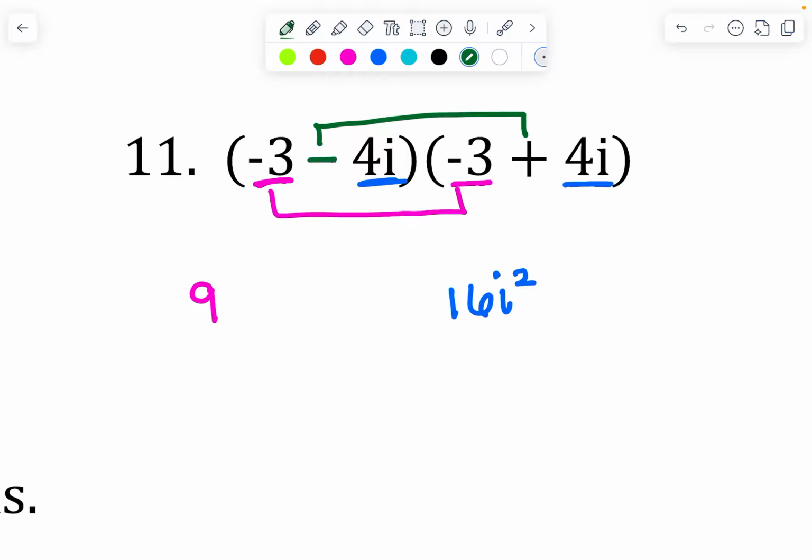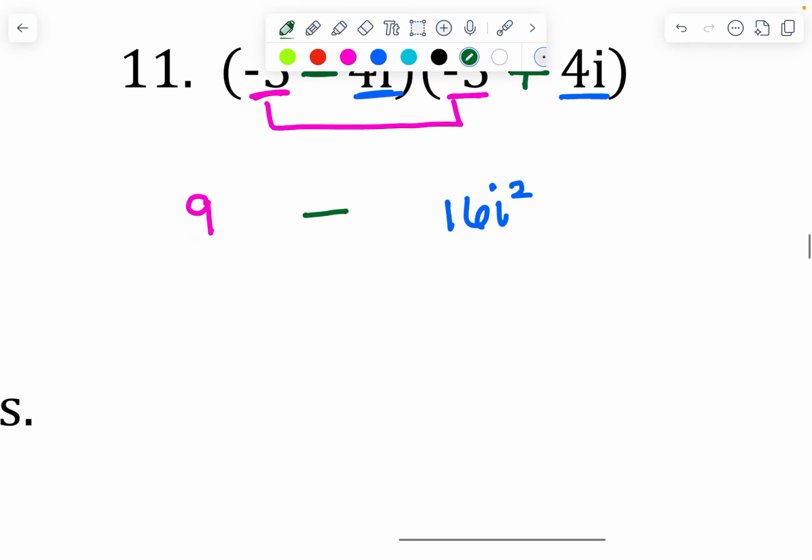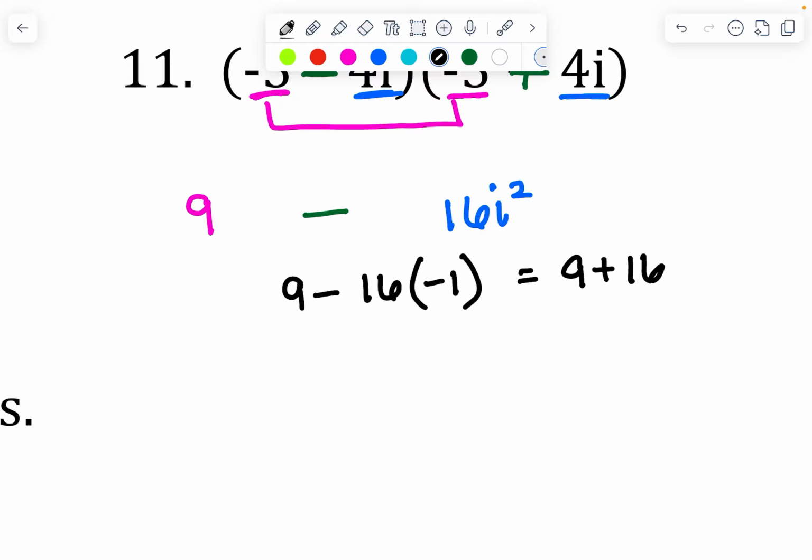You have one subtraction, one addition. Negative times a positive is a negative. So you have a 9 minus 16i squared. Plug in a negative 1 for i squared, and you have 9 minus 16 times a negative 1. That's 9 plus 16, which is 25.